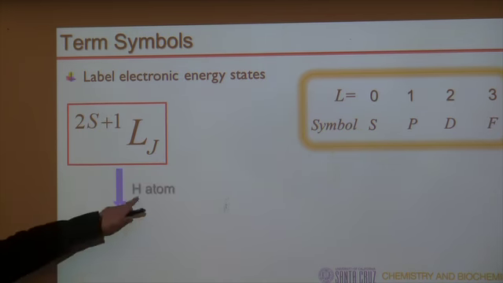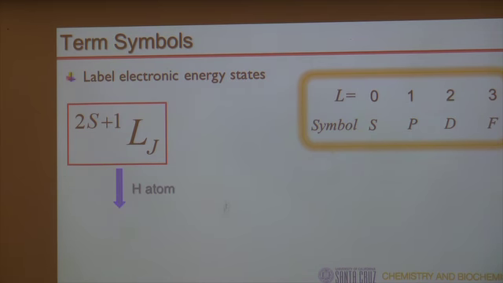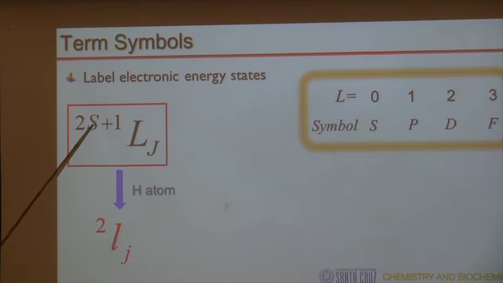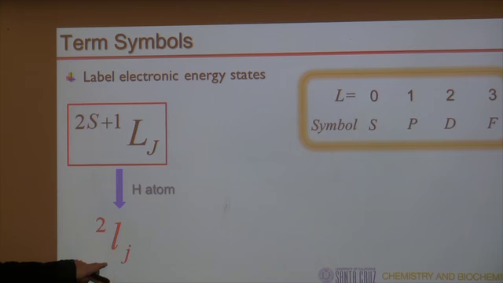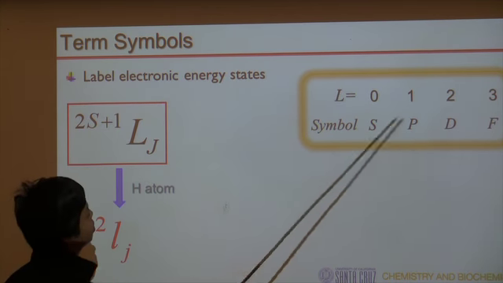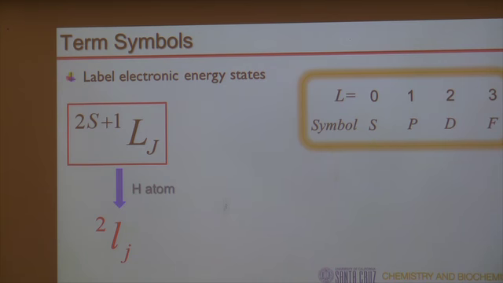Well, if we're talking about the hydrogen atom with just one electron, or hydrogen-like atoms with just one electron, we can reduce those quantum numbers to small letters. L reduces to small l, J reduces to small j. And S equals what? 1/2. 2 times 1/2 plus 1 equals 2. Now you can just use small letters, but the symbols are still capital letters. Don't change those to small letters.